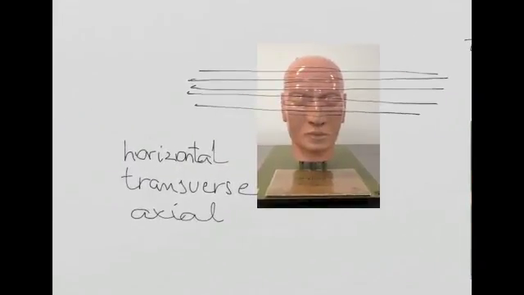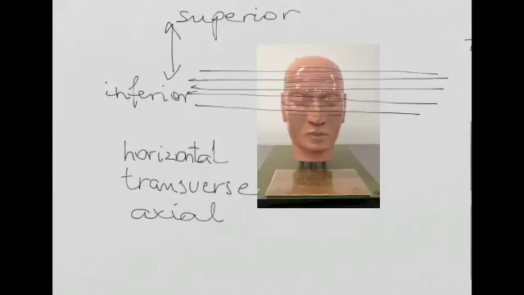The horizontal axes or cuts will divide the space into superior and inferior parts. Anything above the line would be superior, anything below the line of cut or section will be described as inferior.